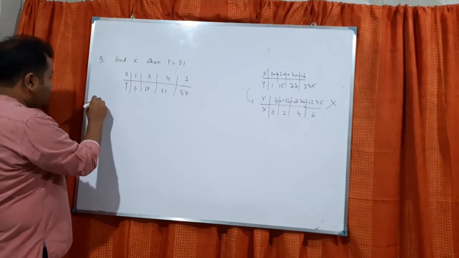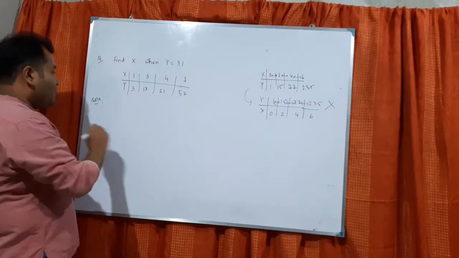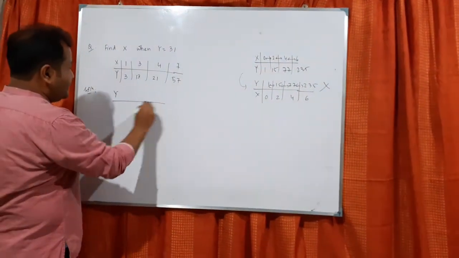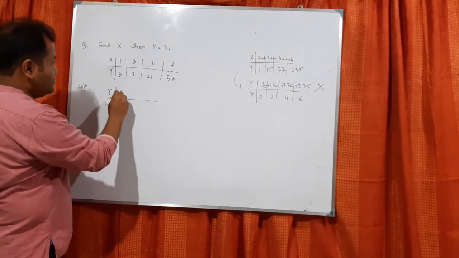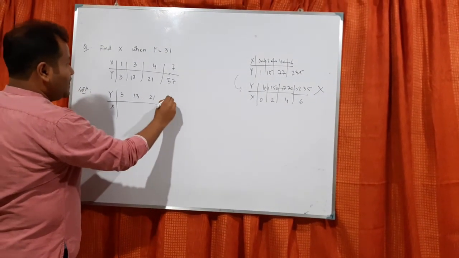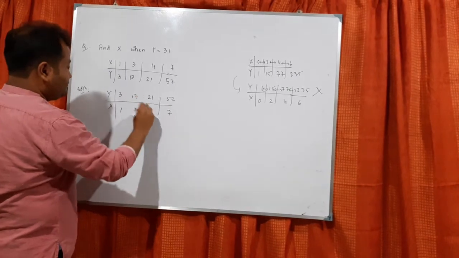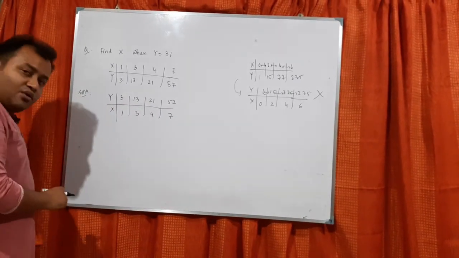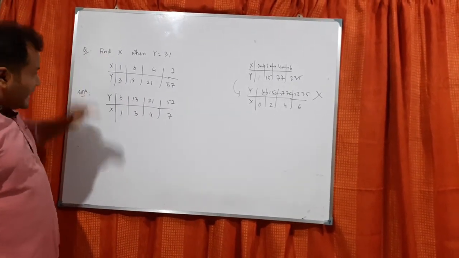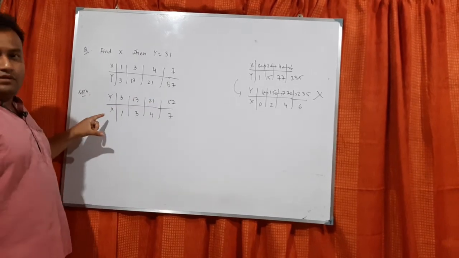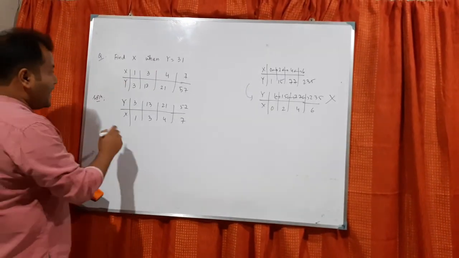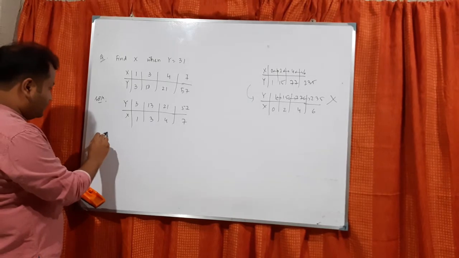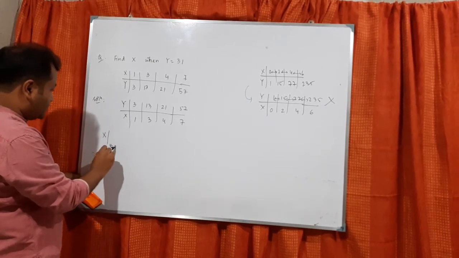So this procedure is much easier. First, we have to make the new table of y and x. So 3, 13, 21, 57. Now you apply the normal Lagrange formula on the new table. So what you have to find? y equals 31. So you have to find x when y equals 31.